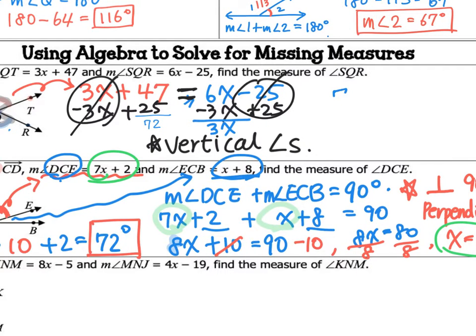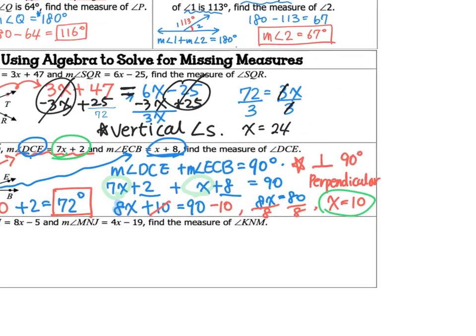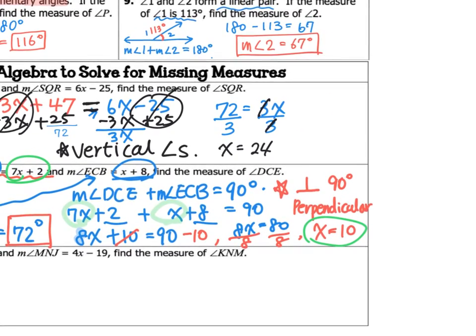72 equals 3x. How do we find x? We're going to divide both sides by 3. That will cancel the right side. And then that means x equals 24. Now we still need to do one more step. Find SQR.